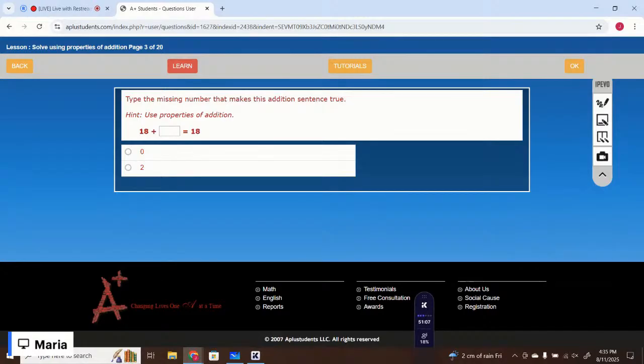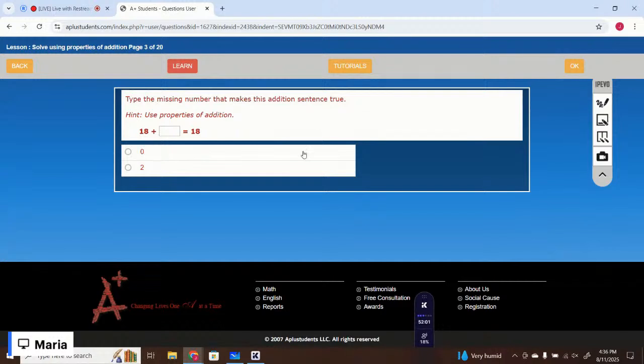Type the missing number that makes this addition sentence true. That is 18 plus 0 equals 18.